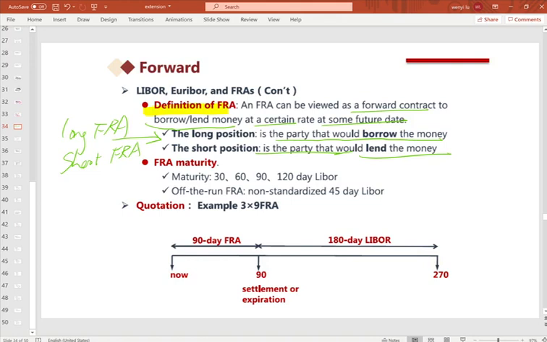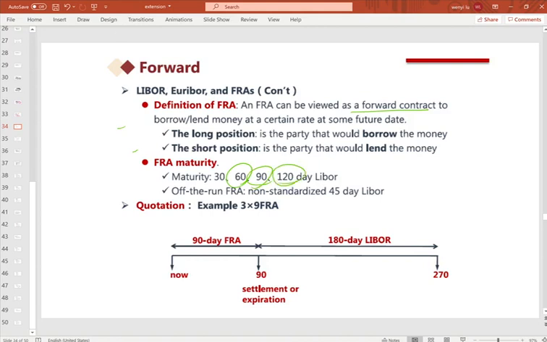FRA is a contract with different maturity dates. The shortest FRA has a 1 month lending period. It's called a 30-day LIBOR FRA. We also have 2 months, 3 months, and 6 months FRA based on how long you want to borrow the money. And we have the off-the-run FRA.